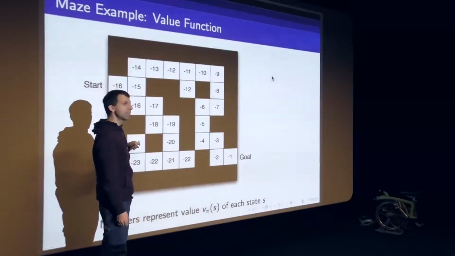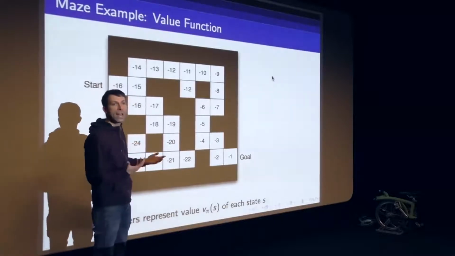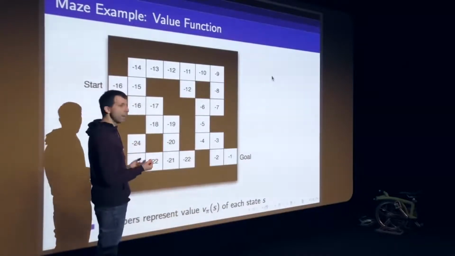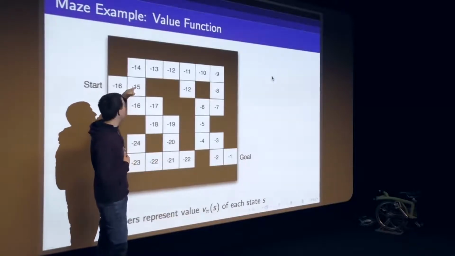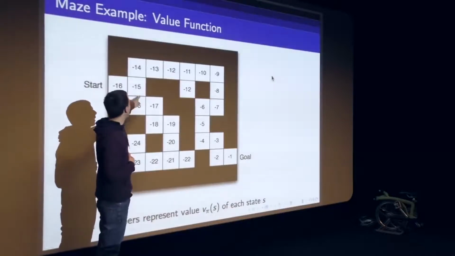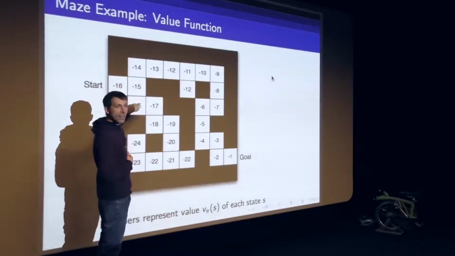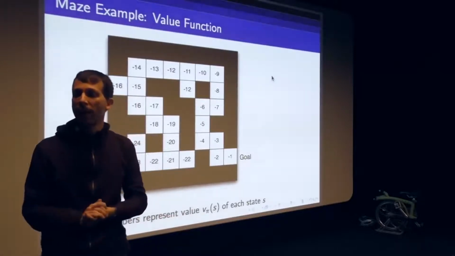We can have worse values. If we were stuck over here and we've gone the wrong way, we might have a value of -24. Now we have these values, it's very easy to build an optimal policy because, for example, when we get here, we can just look up what's the value of going north compared to the value of going south, and it's very clear that the value of going north is greater than the value of going south, and so this gives us a basis for optimal behavior.